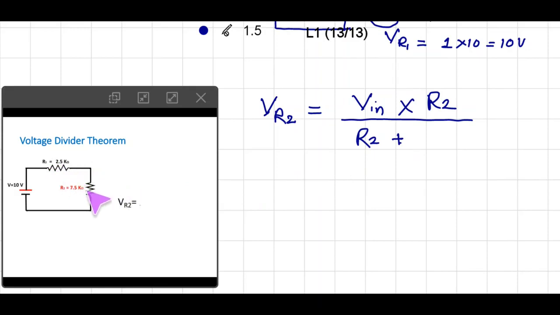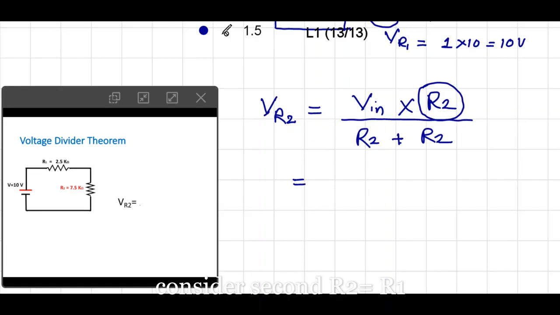In this case, except R2, there is only one resistance, that is R1, so here it is R2 plus R1. Note that in the numerator, the value of R2, across which we have to find the voltage, is considered.